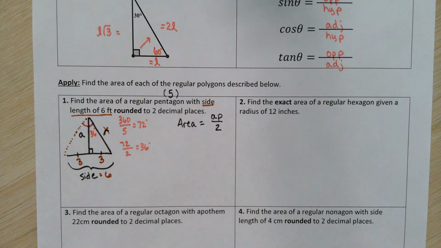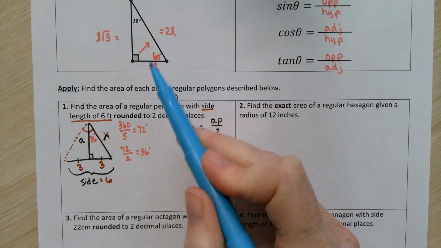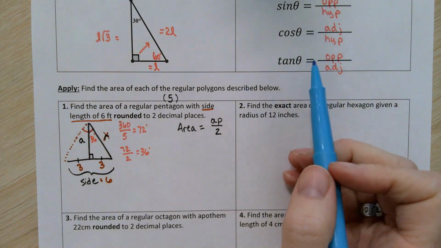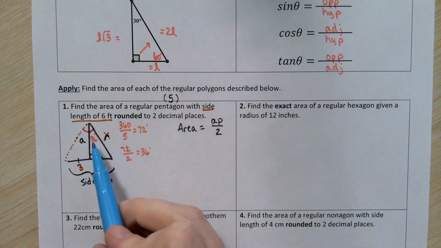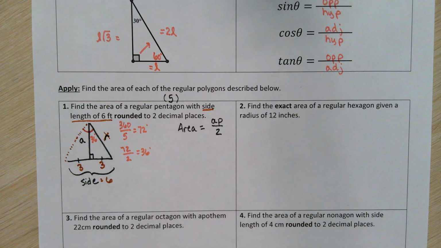Okay, so now that we've got this all set up, we need to decide, are we in a situation where this L root 3, 2L stuff will help us, or are we in a situation where sine, cosine, or tangent will help us? Since I have 36 degrees, this has got to be a sine, cosine, tangent problem.